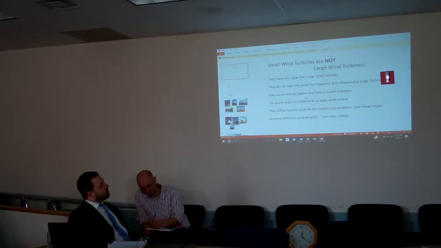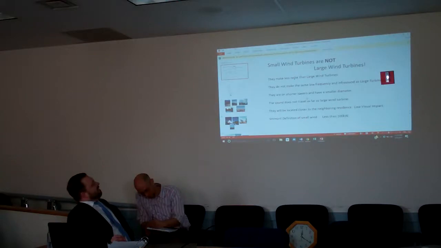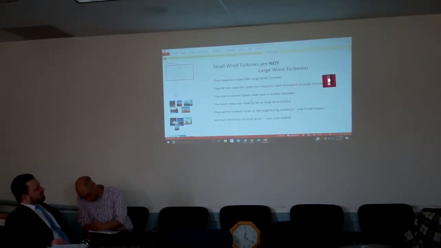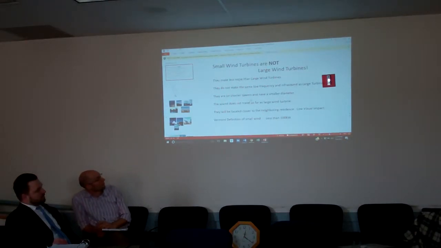Small wind turbines make less noise than large wind turbines, and you can check out the data sheets. I can give it to you later if you like. Whether you measure it in sound power levels or sound pressure levels, you're going to find that small wind turbines are quieter. They do not make the same low frequency and infrasound as large wind turbines. They're smaller mechanisms.